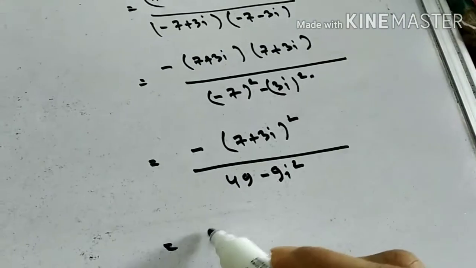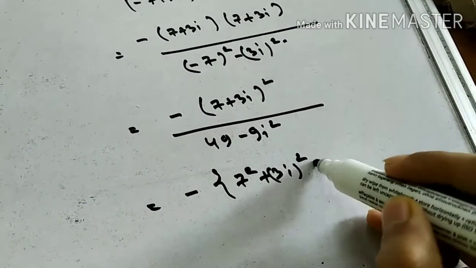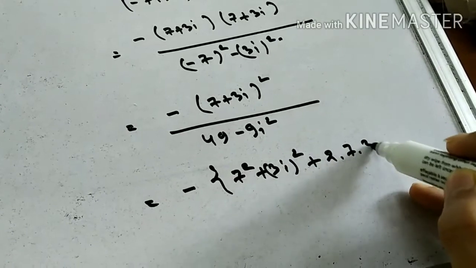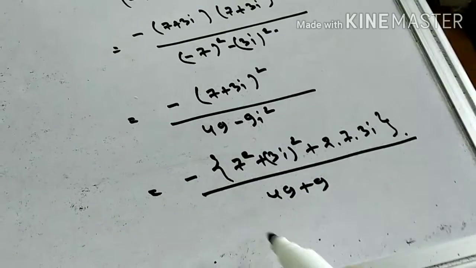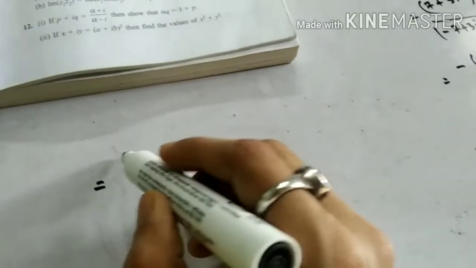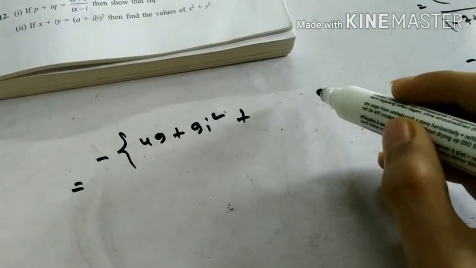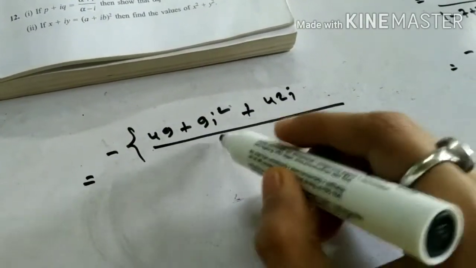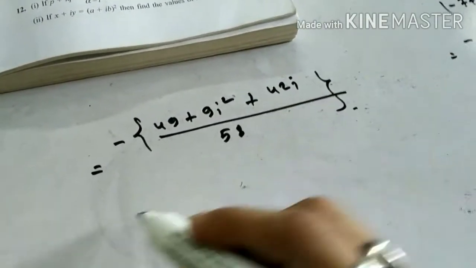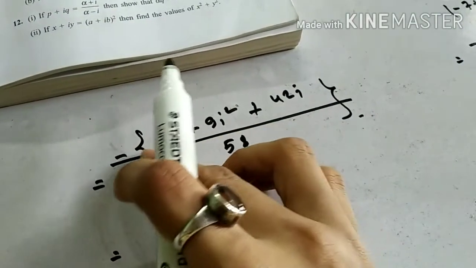So this is minus [7 square plus (3i) the whole square plus 2 into 7 into 3i] by 49 plus 9. So this ultimately is minus 49 plus 9i square plus 2 times 3 times 7, 42i, by 58 I will get. So this minus is in the numerator.